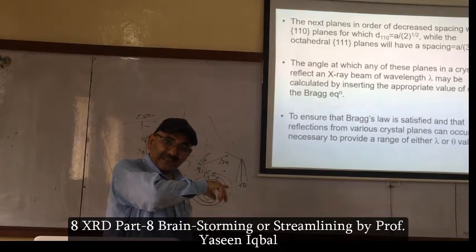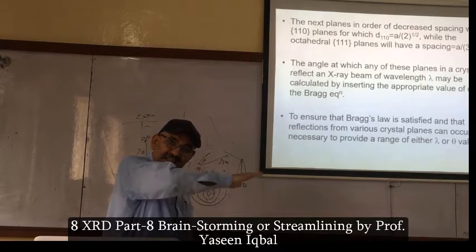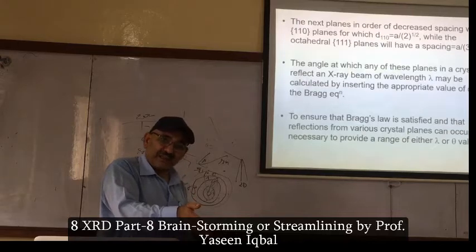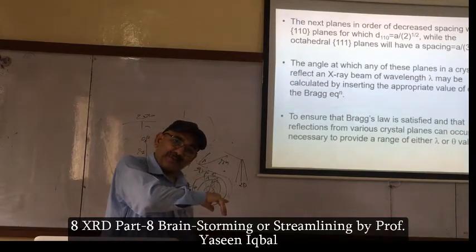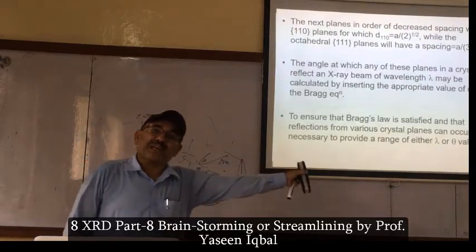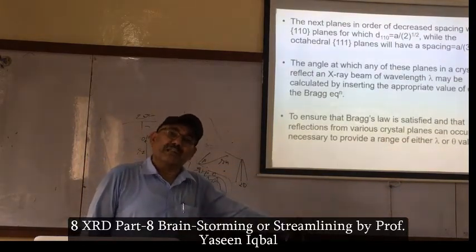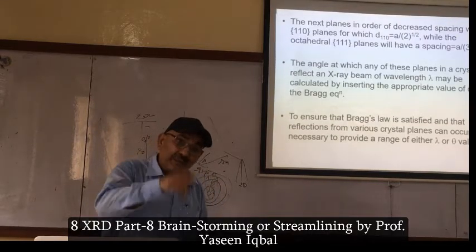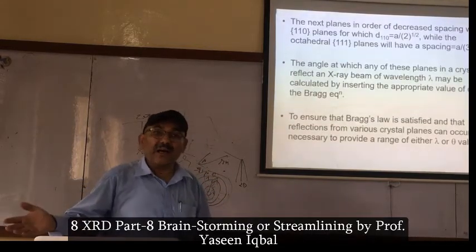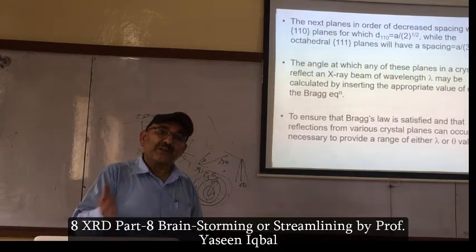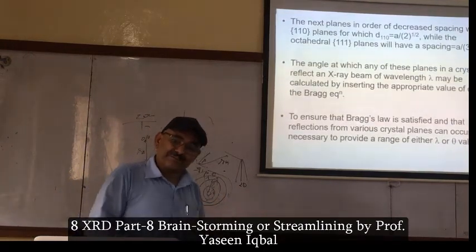Either the intensity should vary according to theta or according to lambda, and that will give you, when you put it into that equation, the other parameters. So if you know lambda, then it will give you theta. If you know theta, you can derive lambda from there.